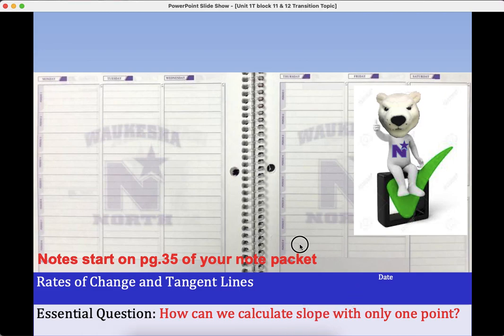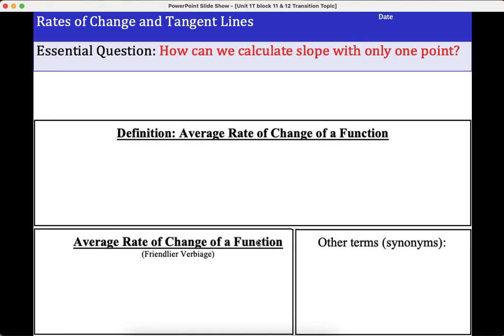So, looking at slope, instead of calling it slope, we're going to call it a rate of change, right?